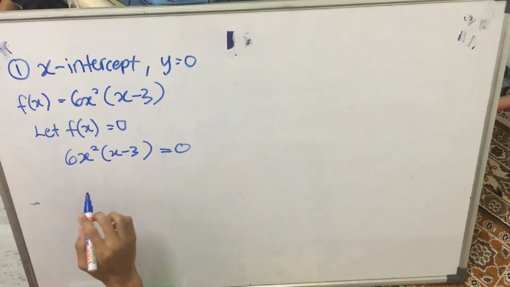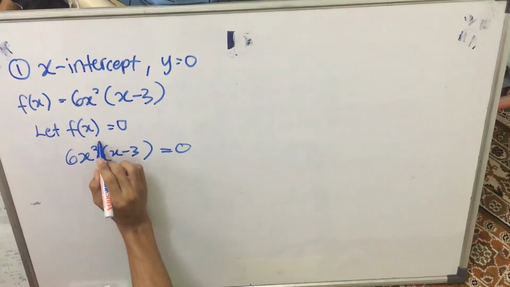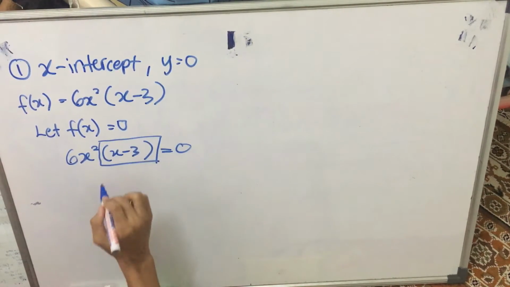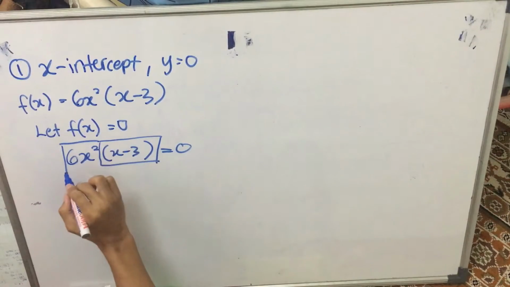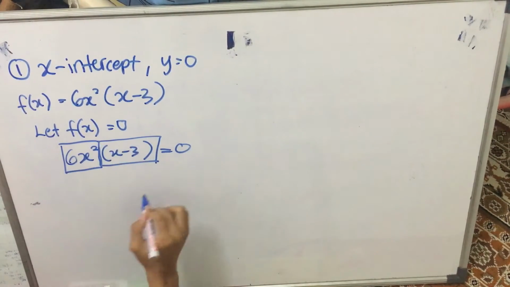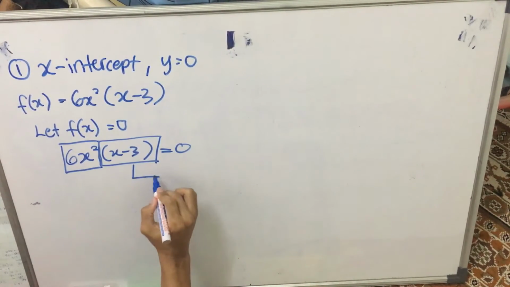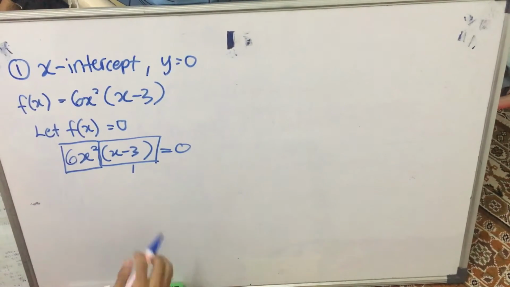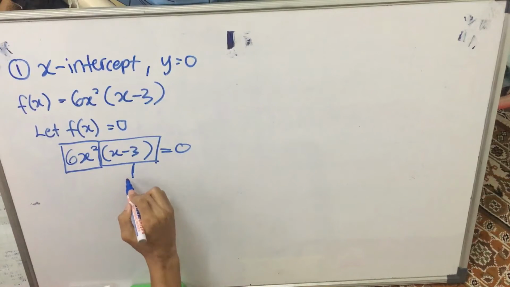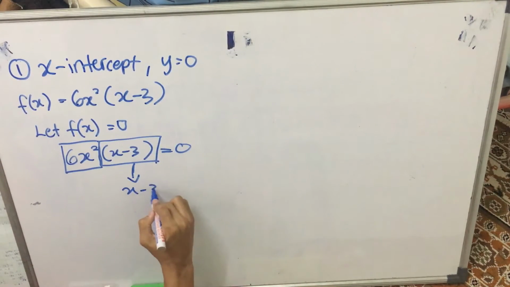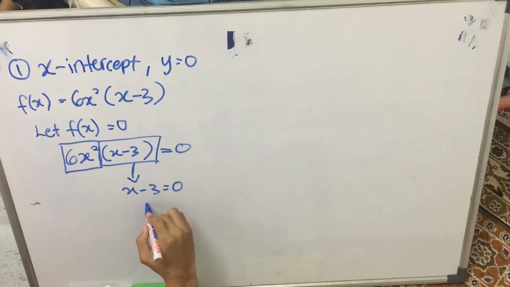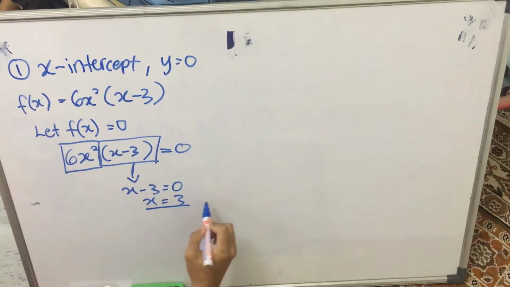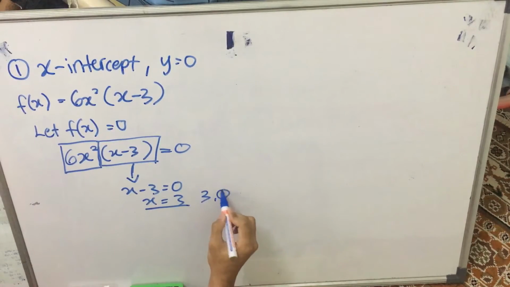When it comes to this equation, we need to separate it into two parts. The first one is x minus 3 equals 0. Then we will get x equals 3, 0.